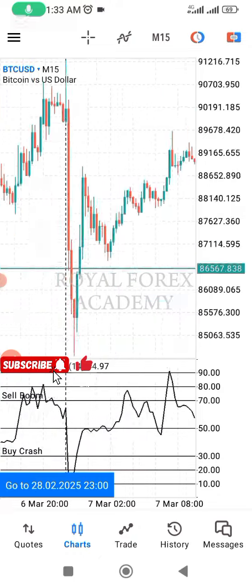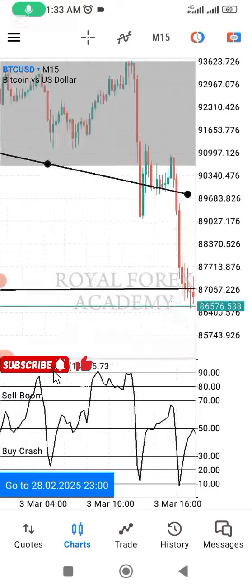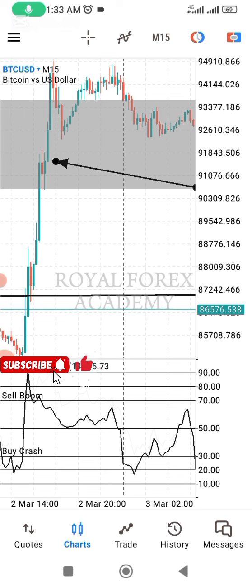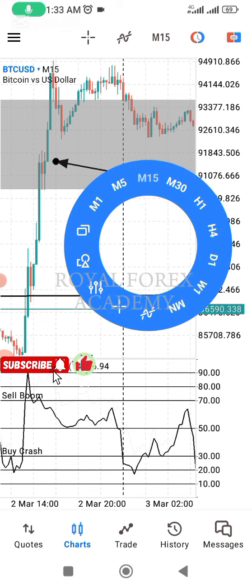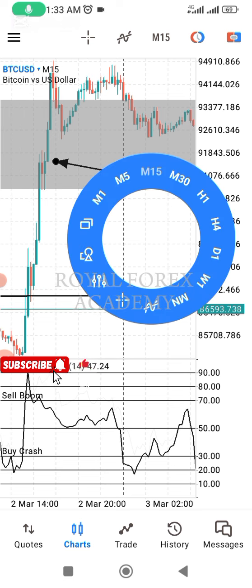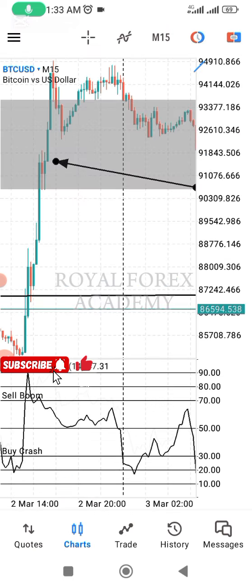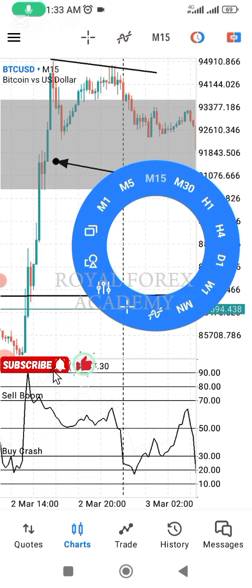Let's look at 15 minutes and see how that entry came about. Beautiful. Look at 15 minutes. On a 15-minute time frame, we are having more or less like a divergence. Though it is not a divergence, this is as well a chart pattern formation.